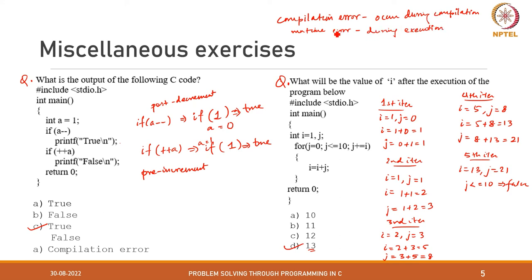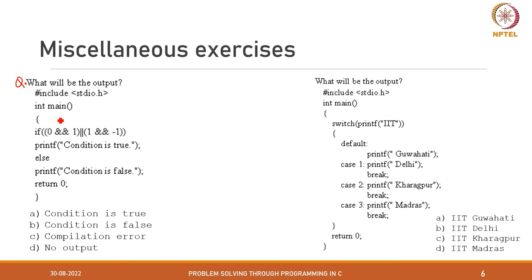So a divide by zero will be a runtime error, because during execution it will flag that you are doing a divide by zero, so it will throw an error during the execution. The compilation will happen just fine. Okay, fine. So let's go to the next question.